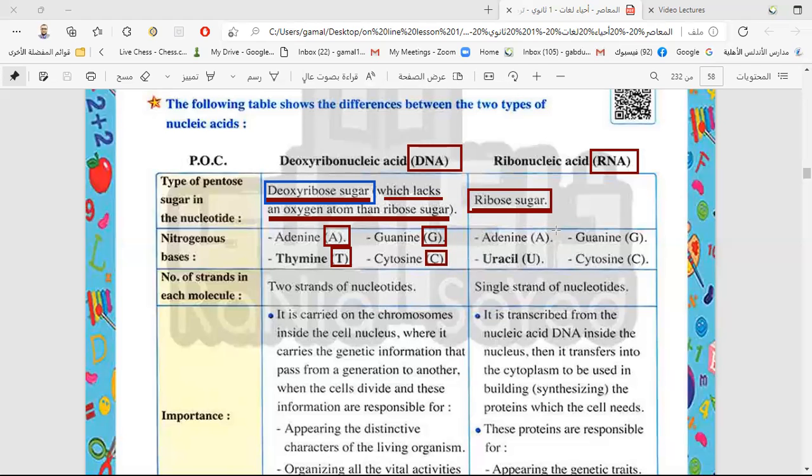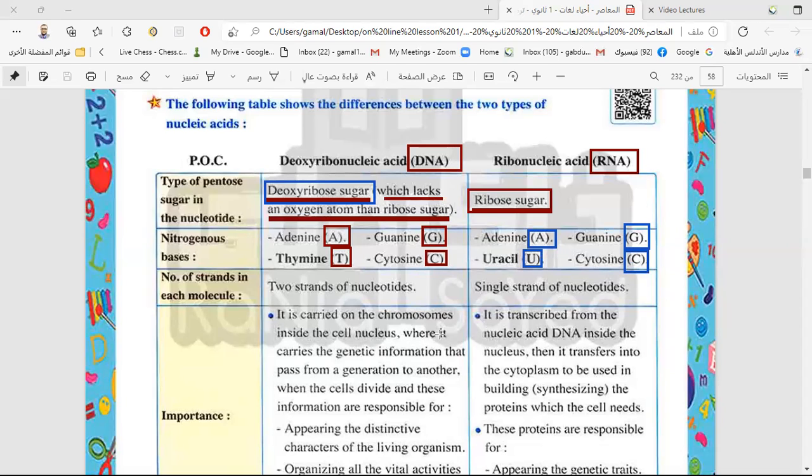And in the case of RNA, adenine binds with what? Binds with uracil, no thymine. So adenine binds with uracil, another nitrogenous base that replaces the thymine, by double covalent bond. And guanine binds with cytosine with triple covalent bond.